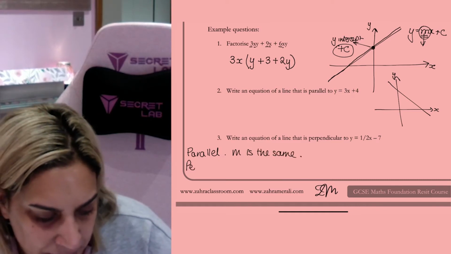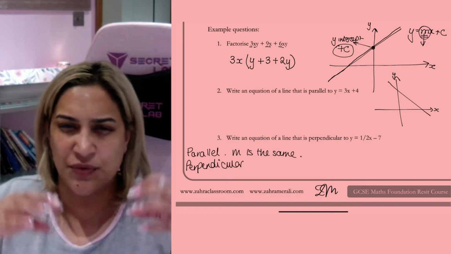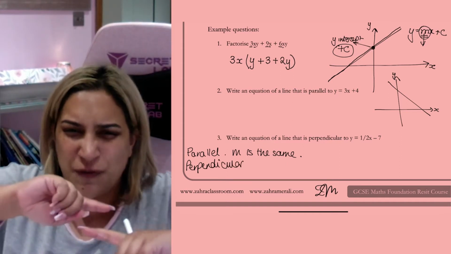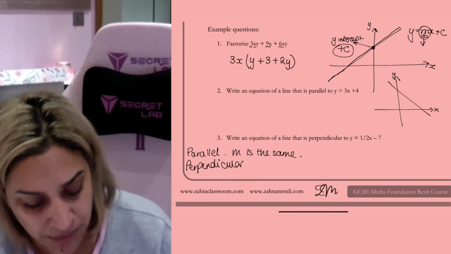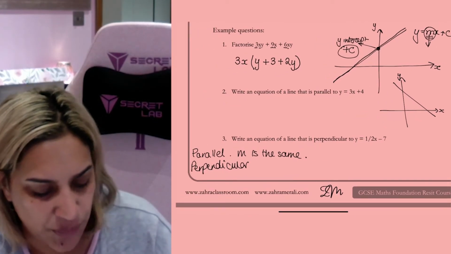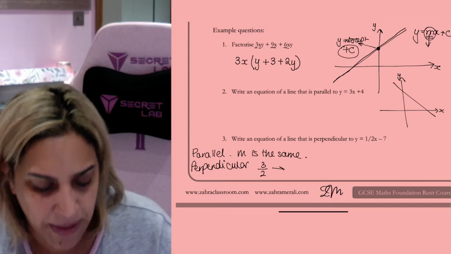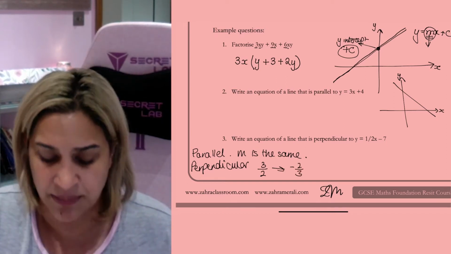And if they're perpendicular, they're what we call the inverse reciprocal, which means you're going to flip the gradient and change the sign. So for example, if the gradient was, let's say 3/2, the perpendicular gradient is, you'd flip it, 2/3, and stick a minus.